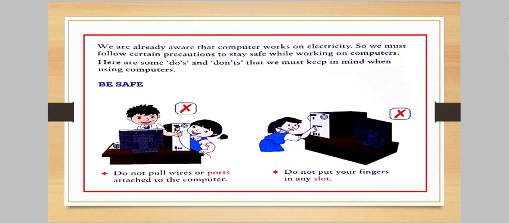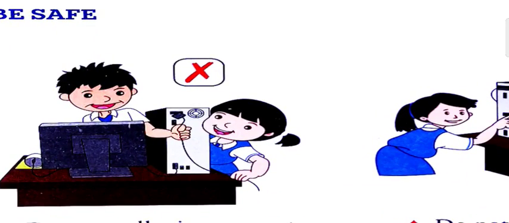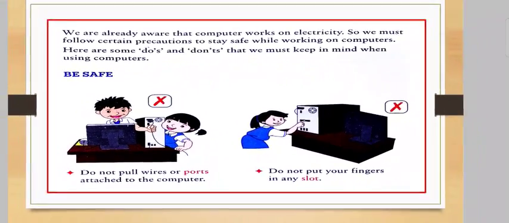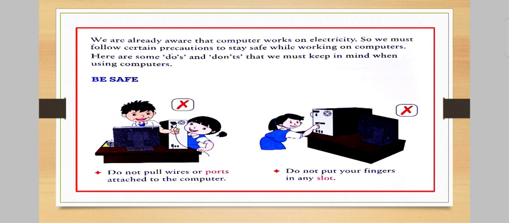Here are some do's and don'ts that we must keep in mind when using the computer. You can see these two images, and this is the CPU box of a computer system.